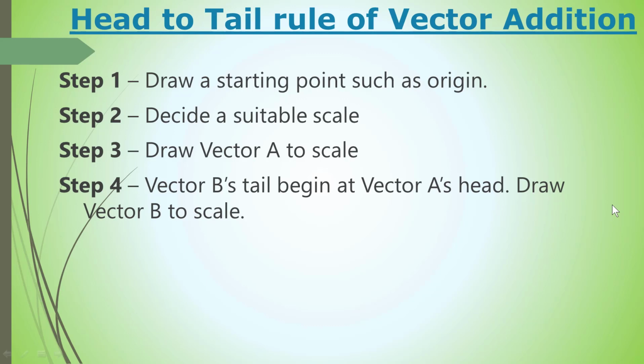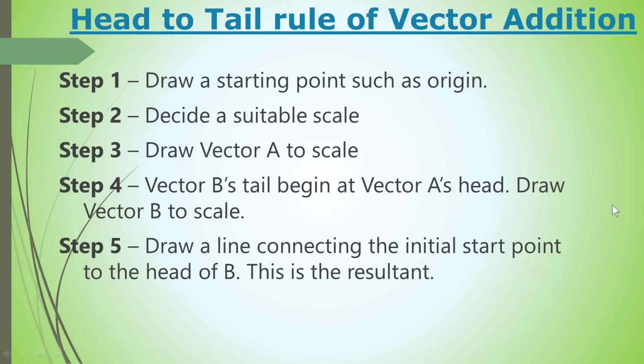We will draw the second vector whose initial point will be at the ending point of the first vector, because we have explained that moving a vector from one place to another does not change its effect. So we can move vector B anywhere, and we are putting the tail of vector B at the head of vector A. Step 5, draw a line connecting the initial start point to the head of B. This is the resultant.